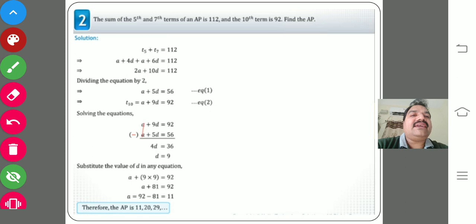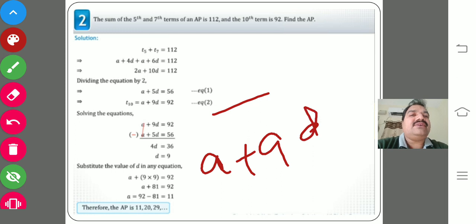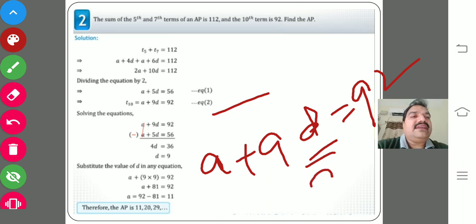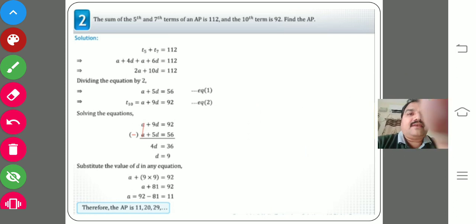I have taken the second equation, A plus 9D equals 92. Already you got D value 9, so A plus 9 nines are 81 equals 92, and moving 81 to that side, 92 minus 81, you get 11.